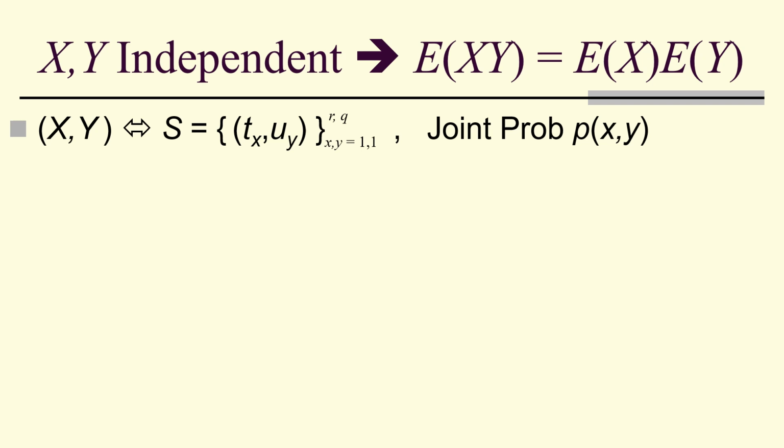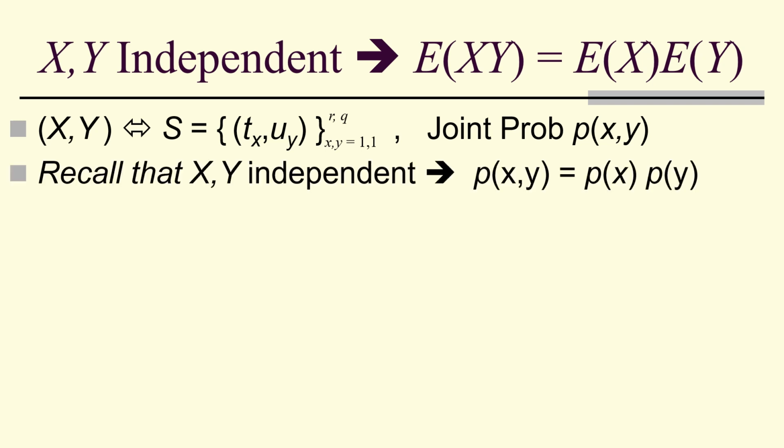So if X and Y are independent, then we can show that the expected value of the product is the product of the expected values. So we'll have a joint probability distribution for the X and the Y. If they're independent, the joint probability distribution is the product of the marginals. So let's prove our theorem.